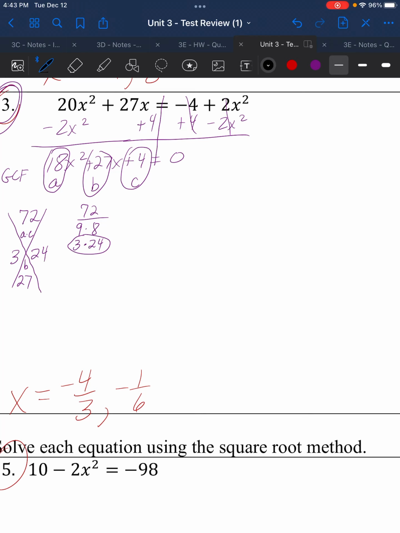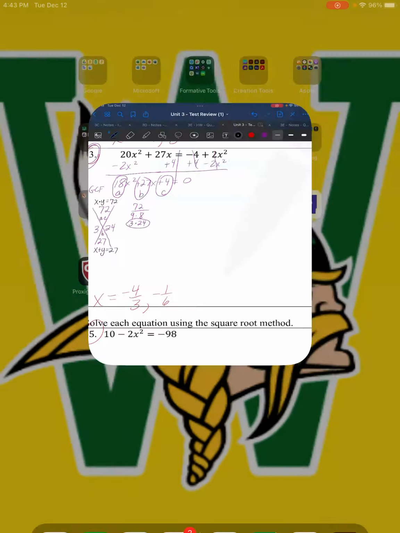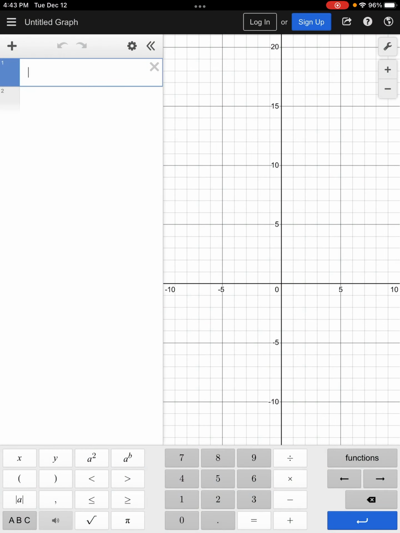3 and 24. Now, if you are struggling, let me show you a shortcut. You think about what two numbers multiply to get 72. So I can just make them x and y. These same two numbers have to add to get 27. If you put these in Desmos, I'm cool with this, because we've struggled long enough.